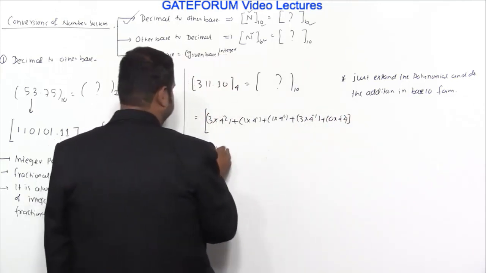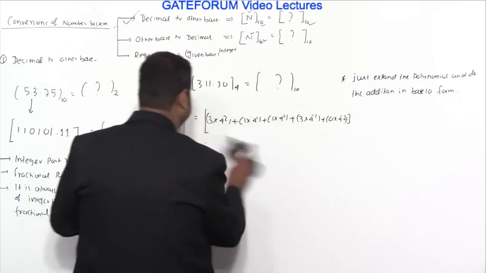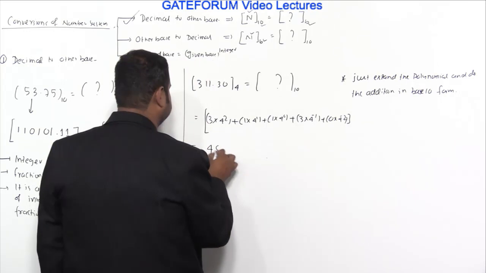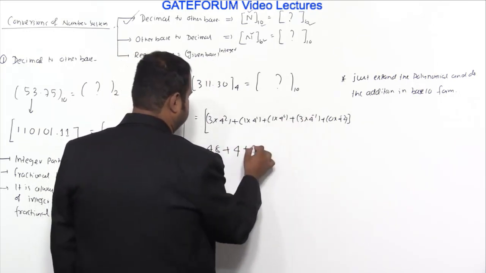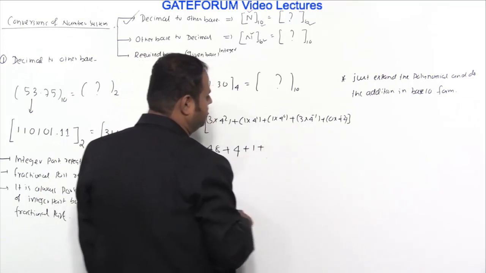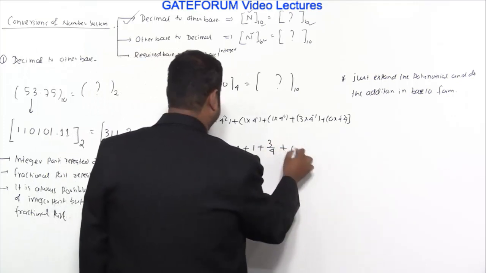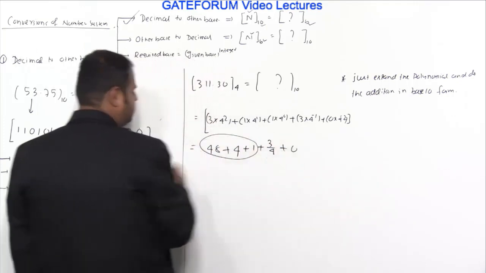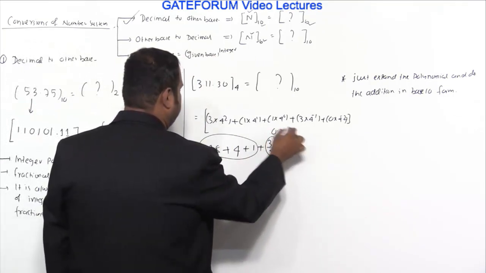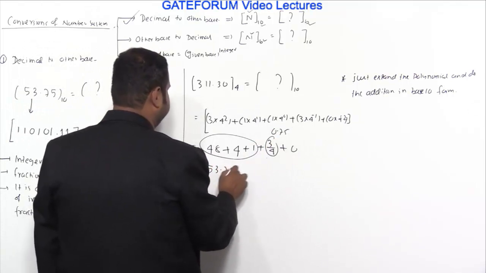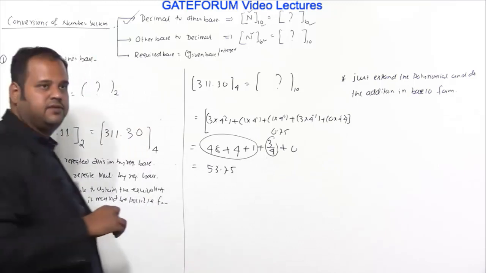So this is 3 into 16, which is 48, plus 1 into 4, which is 4, plus 1 into 4 power 0, which is 1. Then 3 into 4 to the power minus 1 is 3 by 4, and the last term is of course 0. If you add 48 plus 4 plus 1, that is 53, and 3 by 4 is nothing but 0.75. So adding each of these, this happens to be 53.75.